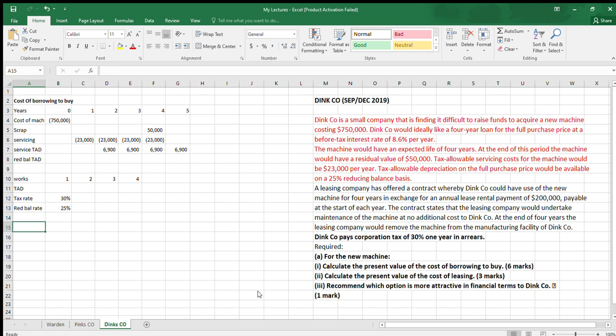Now, tax allowable depreciation on full purchase price. On full purchase price, the purchase price is 750,000. So the cost or the asset balance is 750,000 here, and here is the depreciation.